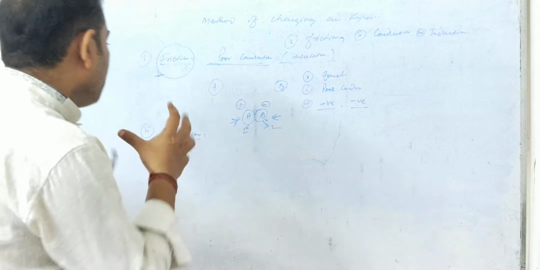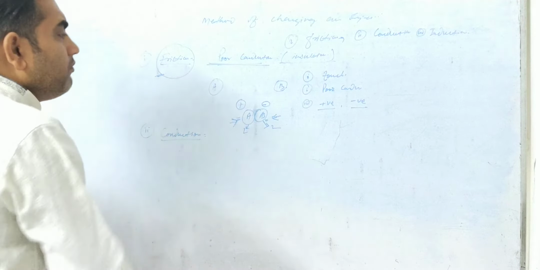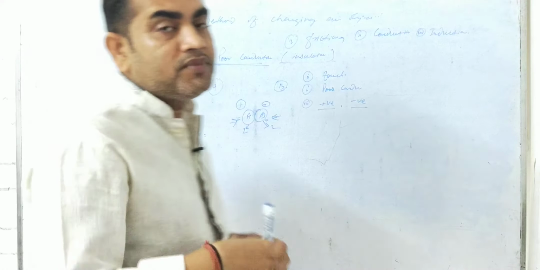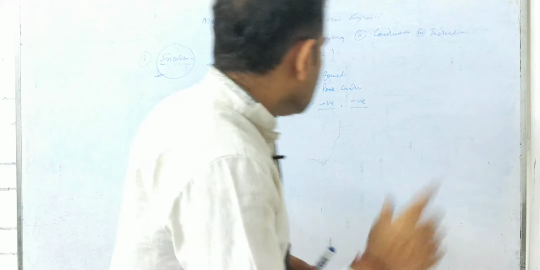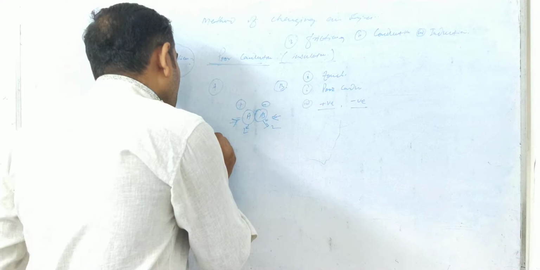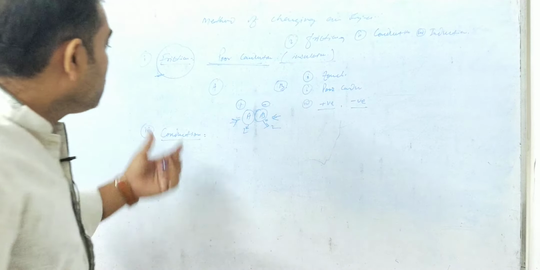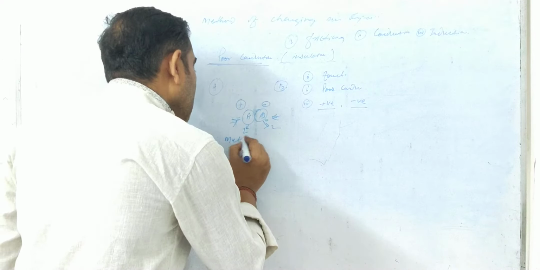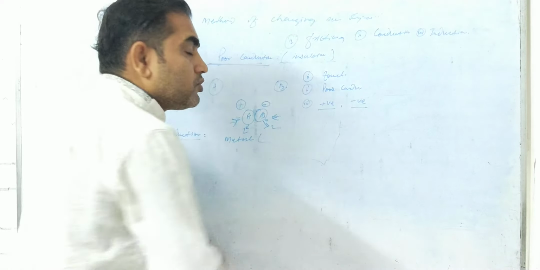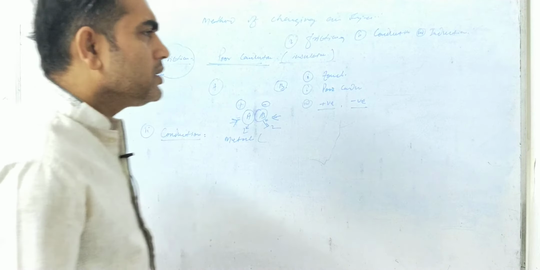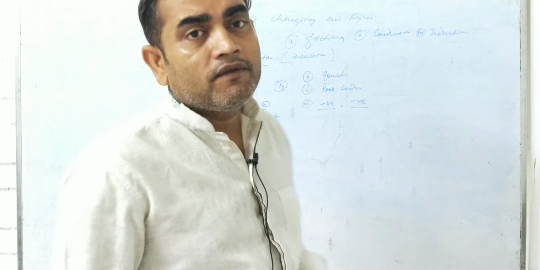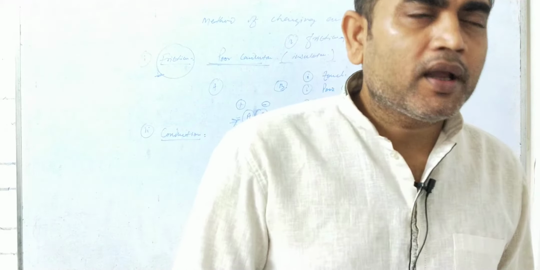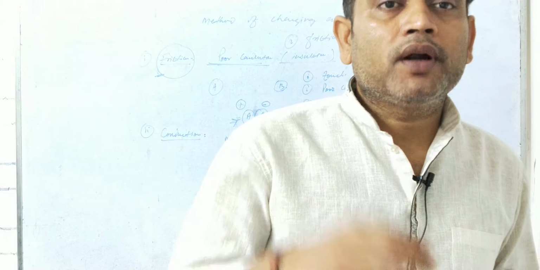By the method of conduction, this time we will charge an uncharged, neutral object. What kind of objects generally get charged by conduction? Metals and good conductors having free electrons. Any of the metals, any good conductor, can be charged by the method of conduction.